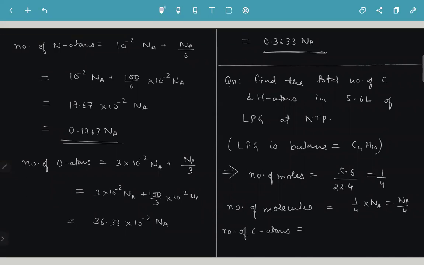Number of carbon atoms, atomicity of carbon is 4, so 4 into Na by 4 is equal to Na atoms. Number of hydrogen atoms, atomicity of hydrogen is 10, so 10 into Na by 4 is equal to 5 by 2 Na. Is this clear?